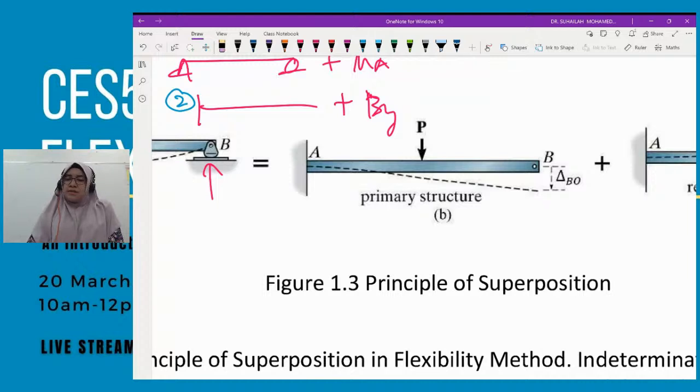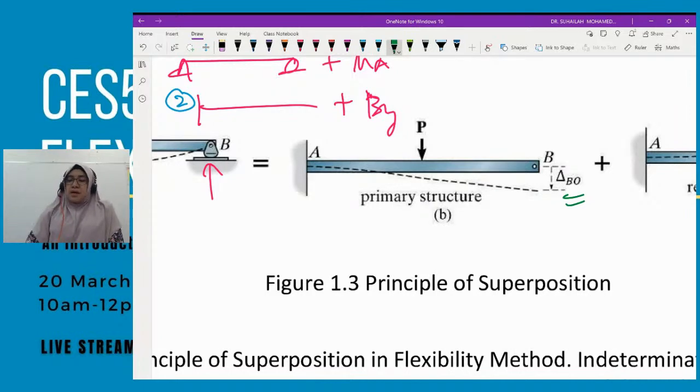Okay, dia ni ada dua notation dalam ni. The notation is B, the second notation is naught. B0 tu kan. We call it as delta B naught. There are two notation. Number 1 is B, number 2 is naught. Okay? Okay, dua-dua notation ni ada definition.